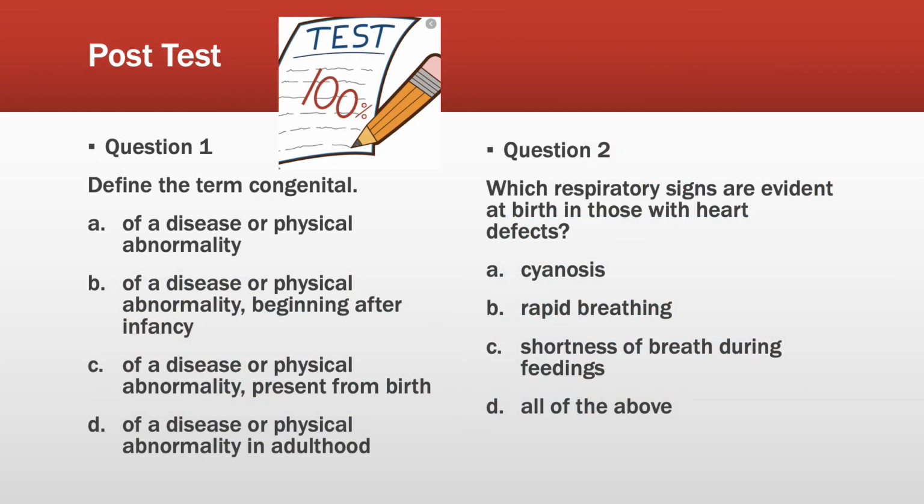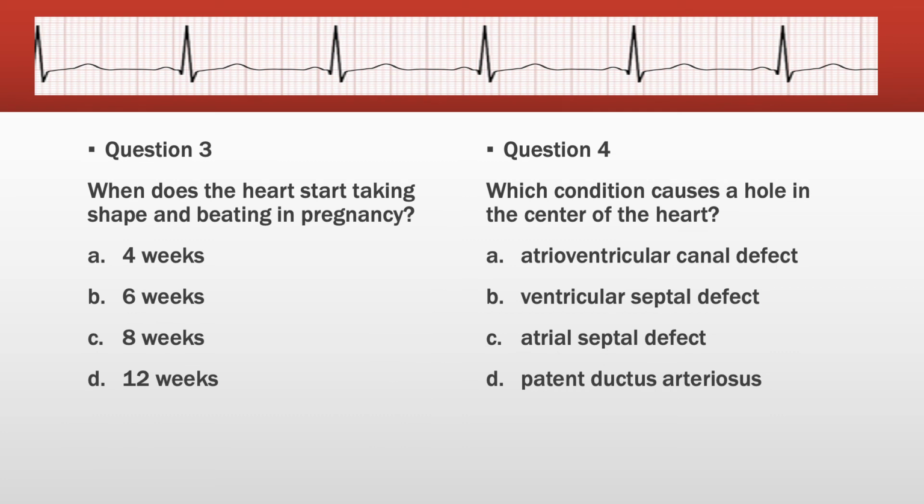Post-test questions. Question 1, define the term congenital. C, of a disease or physical abnormality present from birth. Question 2, which respiratory signs are evident at birth? All of the above. Question 3, when does the heart start taking shape and beating in pregnancy? B, 6 weeks. Question 4, which condition causes a hole in the center of the heart?